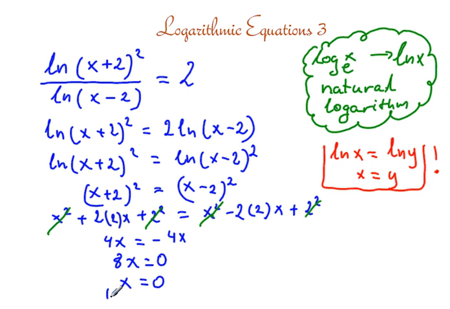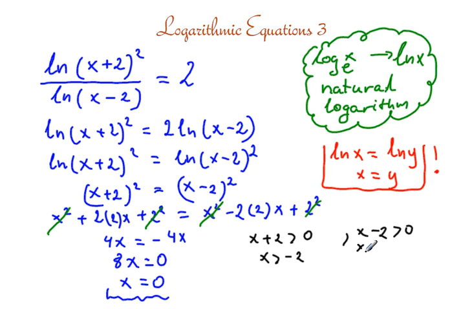Now, we need to verify if this is a valid solution to that equation. So quickly, let's review the domain. The domain of the top portion: x plus 2 greater than 0, hence x is greater than negative 2. For the lower portion, the logarithm at the bottom, x minus 2 should be greater than 0.